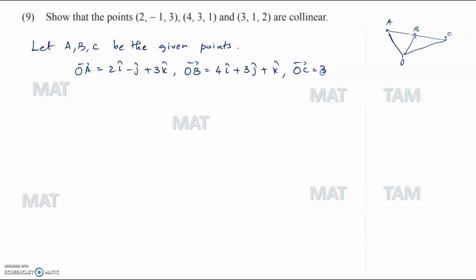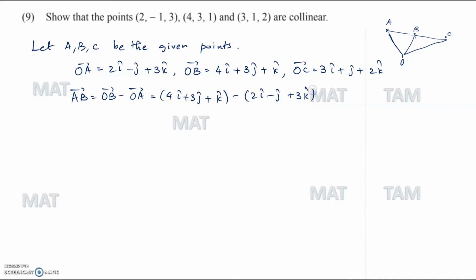OC vector is equal to 3 i cap plus j cap plus 2 k cap. Next, let's find vector AB. Vector AB is equal to OB vector minus OA vector, which is equal to 4 i cap plus 3 j cap plus k cap minus 2 i cap minus j cap plus 3 k cap. So that's equal to 2 i cap plus 4 j cap minus 2 k cap.